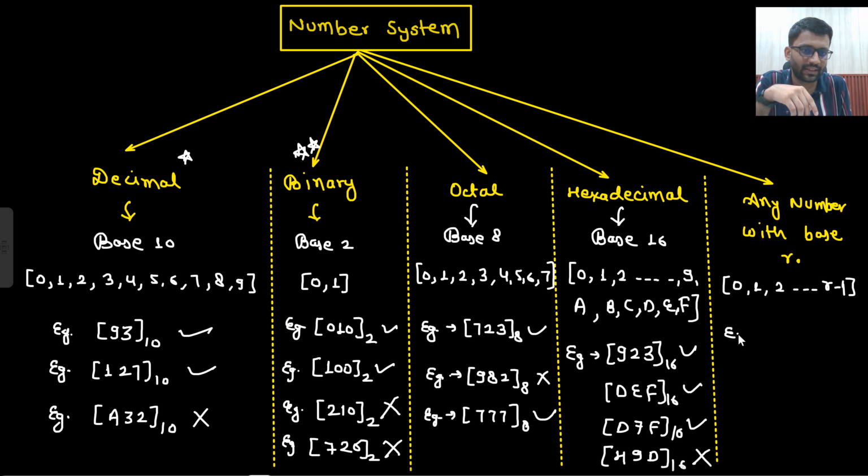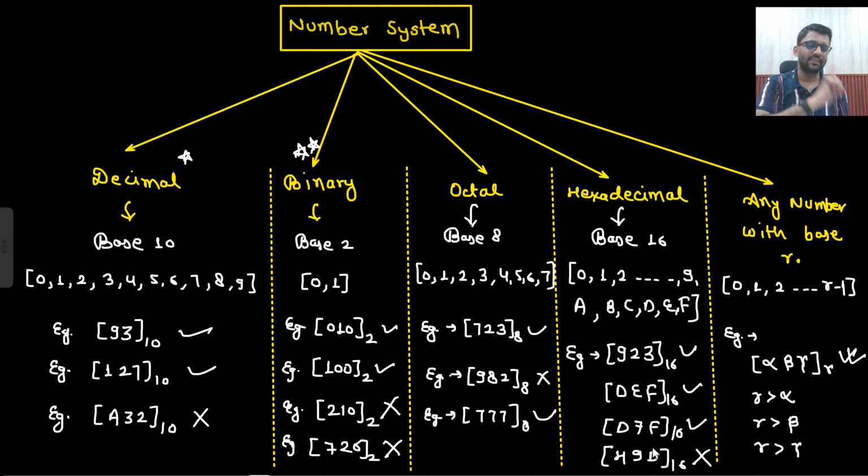And if some alpha, beta, gamma is written with base R, that means R has to be greater than alpha, R has to be greater than beta, and R has to be greater than gamma as well. Then only this number will be acceptable. Otherwise, this number will not be acceptable.